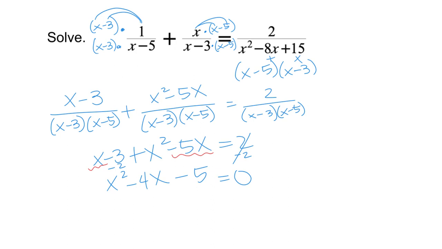So by putting it in order from biggest exponent to smallest exponent, I can focus on factoring now. I'm looking for two numbers that multiply to be negative 5 and add to be negative 4. That would be an x minus 5 and an x plus 1.